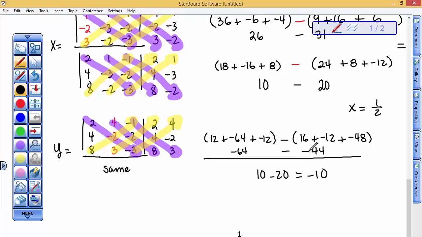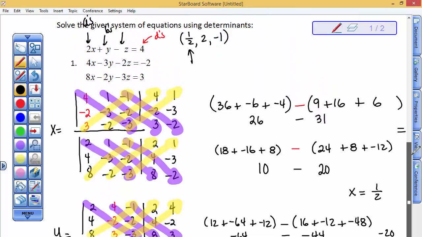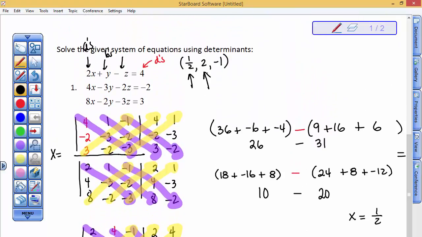So we add 44 here to a negative 64, so it looks like we get negative 20 over a negative 10, and a negative divided by a negative is a positive, and y would be equal to a positive 2 that we had gotten already.